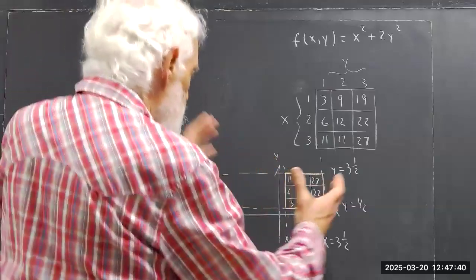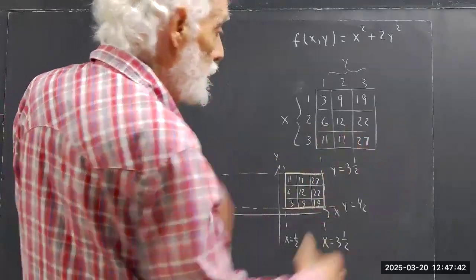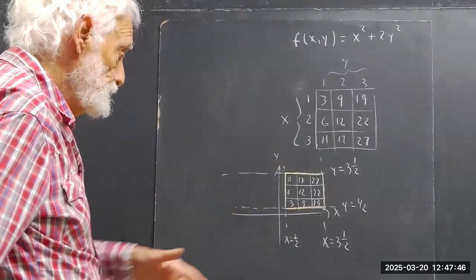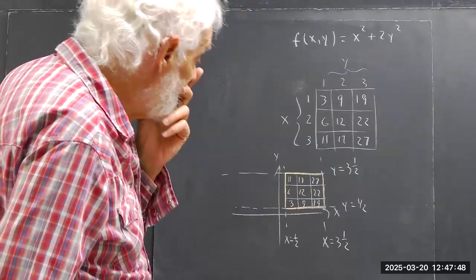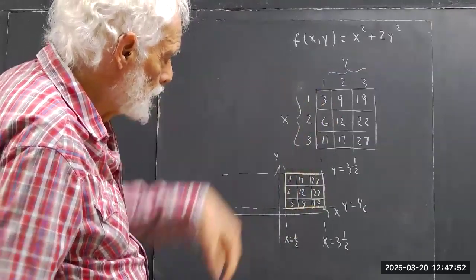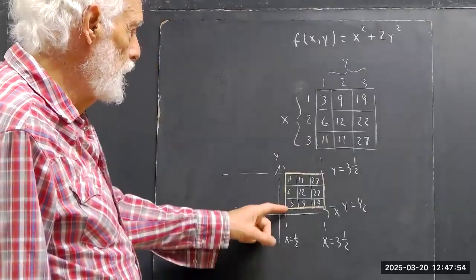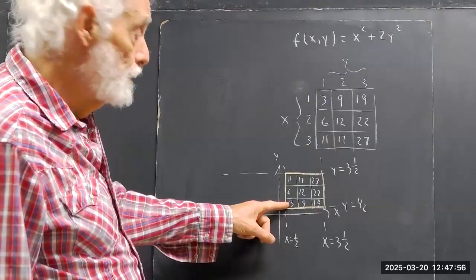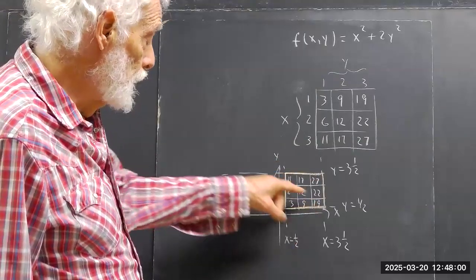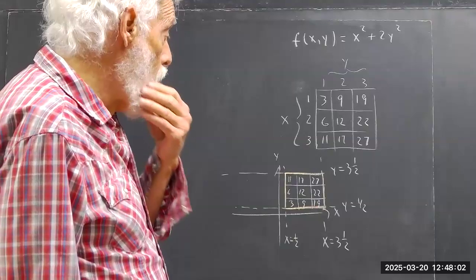Now you can imagine the elliptical paraboloid coming out this way from the XY plane. So in the first quadrant, this quarter of the elliptical paraboloid would be 3 units high here, 27 units high here, 19 units high here, 11 units high here.